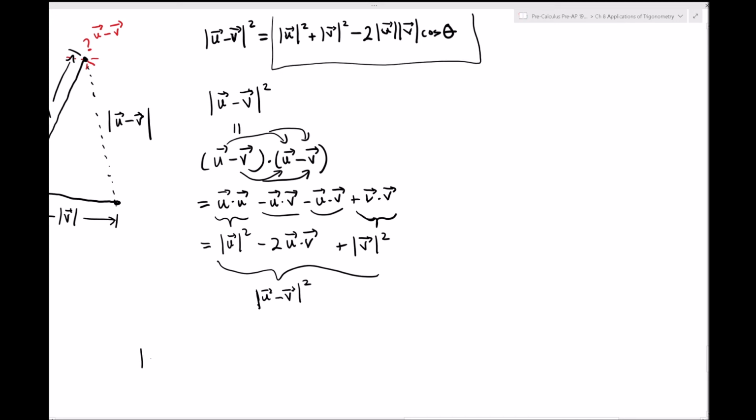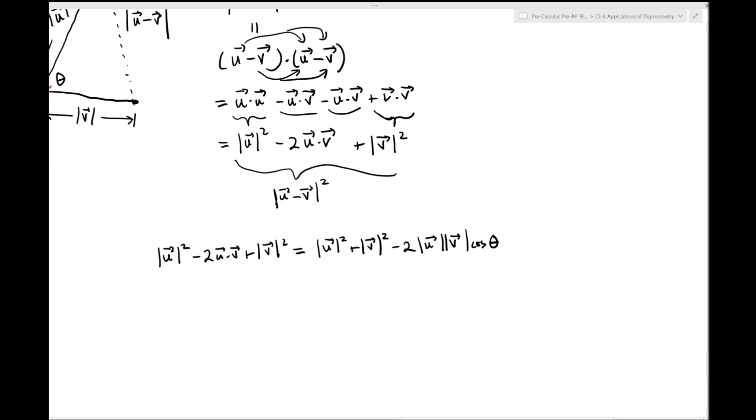So I'm going to do magnitude u squared minus 2 u dot v plus magnitude v squared, and that's supposed to be equal to magnitude u squared plus magnitude v squared minus 2 magnitude u magnitude v cosine theta, which is coming from the right hand side of the law of cosines.